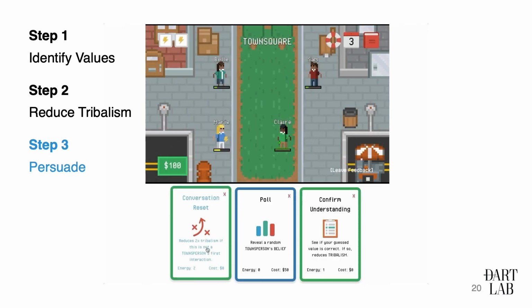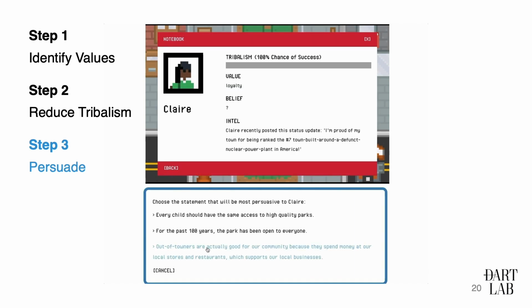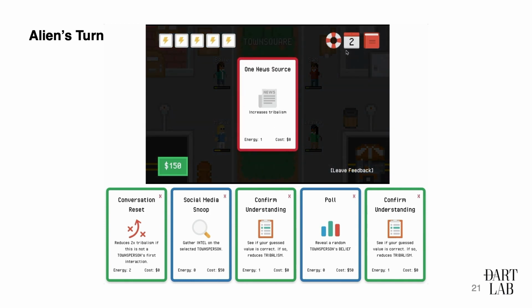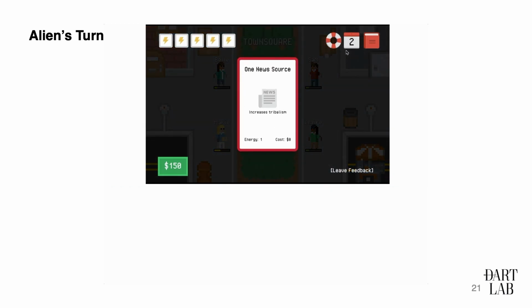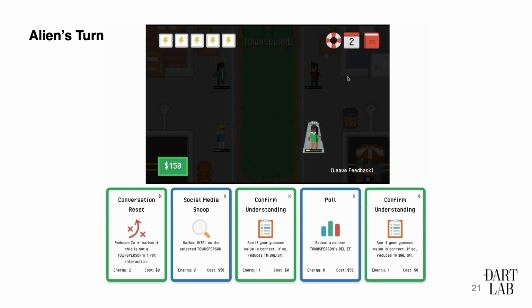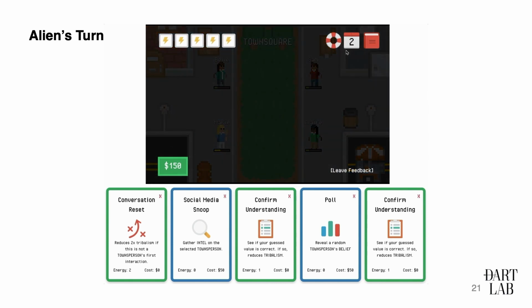If we choose the right option, then Claire moves into the town square. Players have a certain amount of energy each day, and when they run out of energy, they can end the day to replenish it, but after night falls, the aliens get their chance to sow more discord into the community.